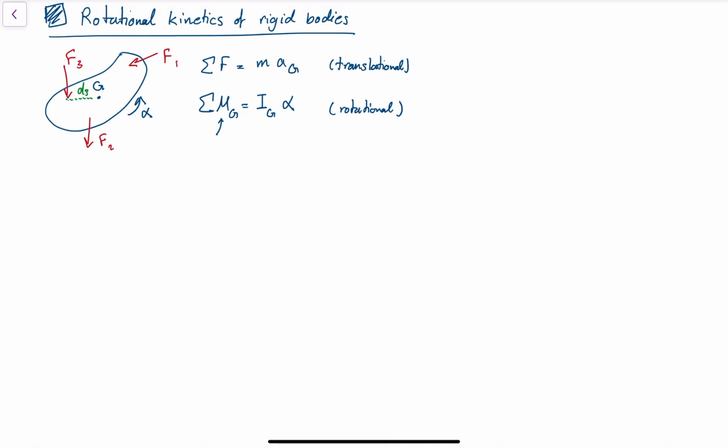Note that in general this is a vector equation, but because we are in 2D space, looking at planar motion, we can assume some direction of positive rotation, and as long as we stick with that, calculate all moments in the same direction as positive.